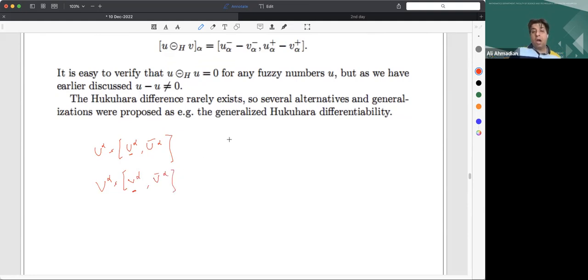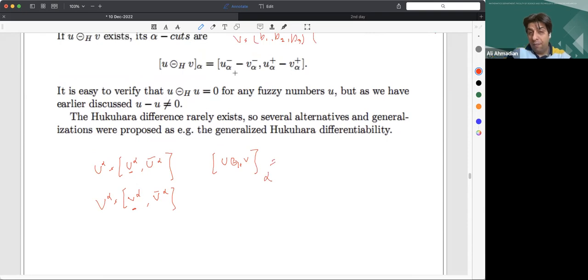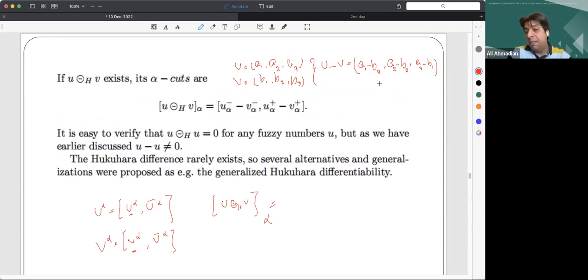Then I want to find the Hukuhara difference of u and v with alpha. You can see that the difference is not like this one, where we change the order of the components.